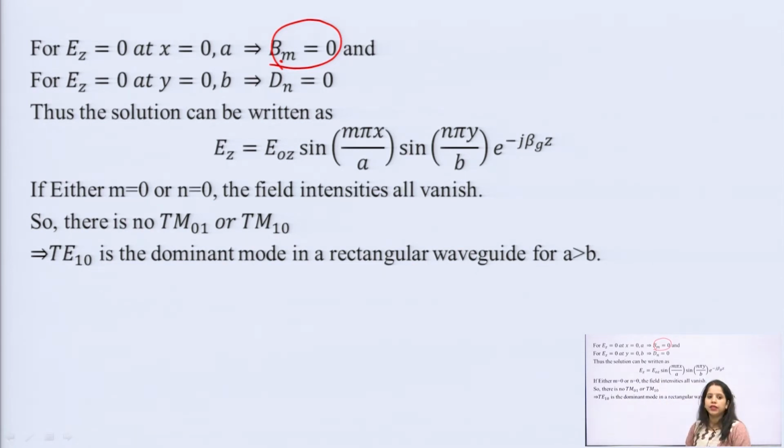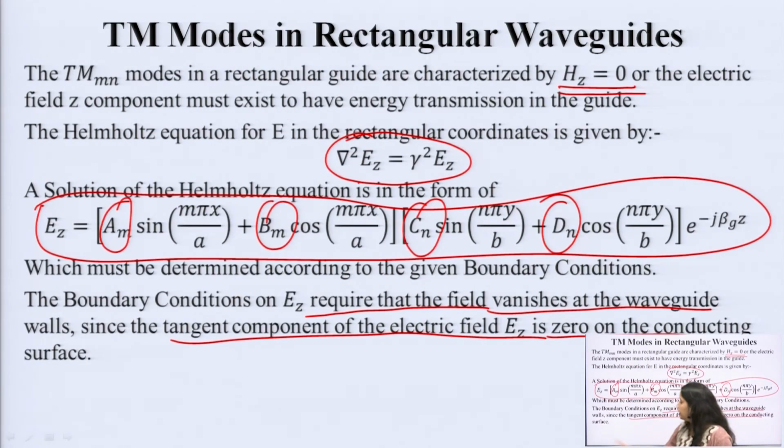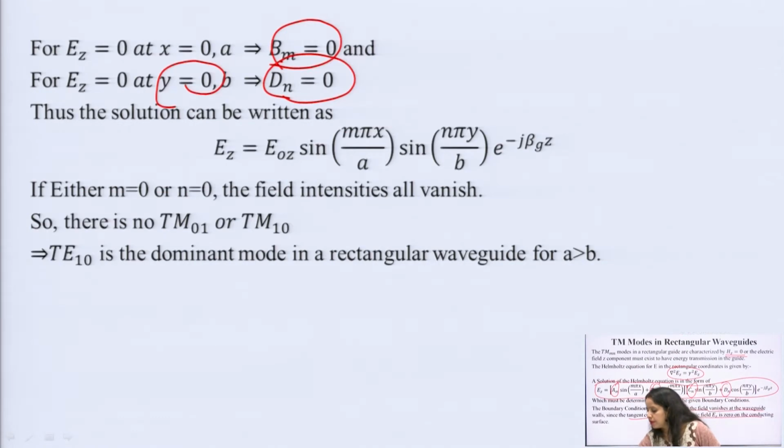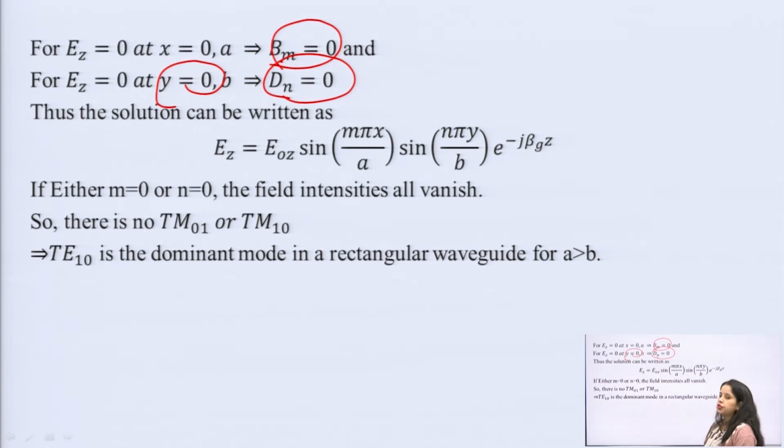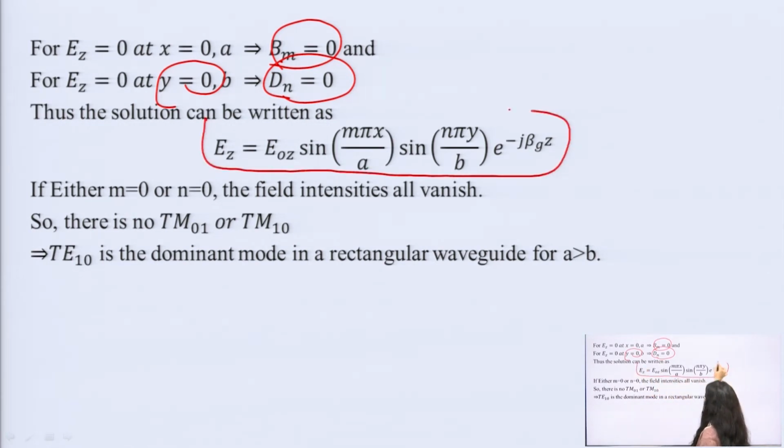Similarly, we will have Ez equal to 0 for y equal to 0, and we will get the value of Dn equal to 0. Substituting Bm equal to 0 and Dn equal to 0 in the expression of Ez here, we will have the concise expression of Ez now, that is this one.